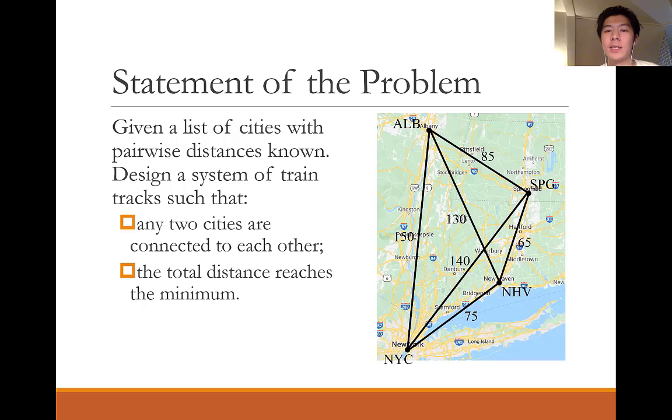On the right of the slides, there is a map in the United States, and there are four cities, New York City, New Haven, Springfield, and Albany, to help you have a clear idea of this problem. There are also six distances of the pairs of the cities as shown in the graph.